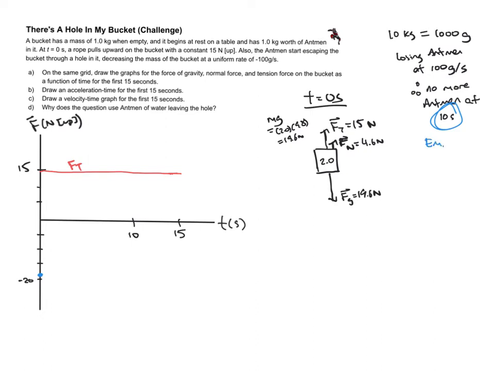So the empty bucket is 1 kilogram. And 1 kilogram has a force of gravity of 1 times 9.8, so 9.8 newtons. So at this 10-second mark, we're actually going to be at negative 9.8 newtons, so slightly before the negative 10 mark. Oh, it does not go at 0, it goes at 10 seconds.